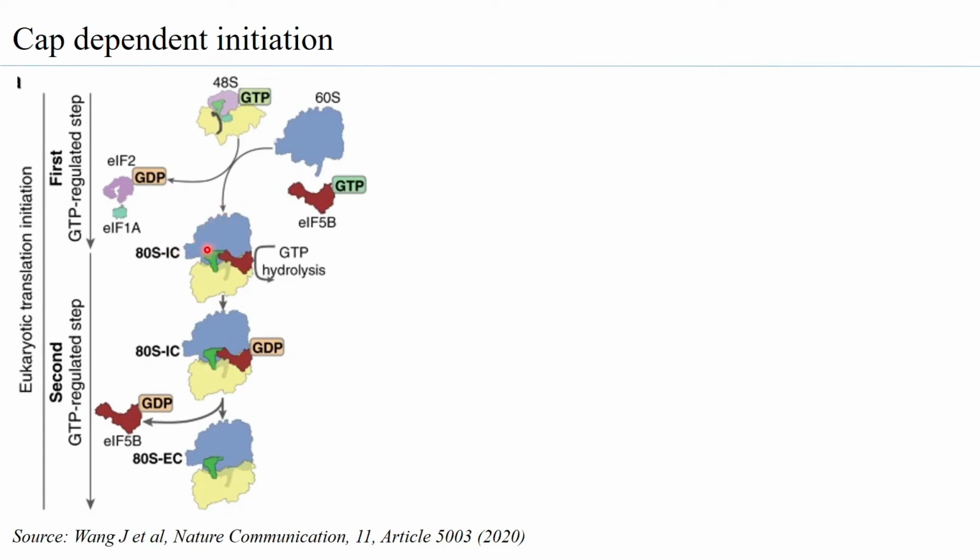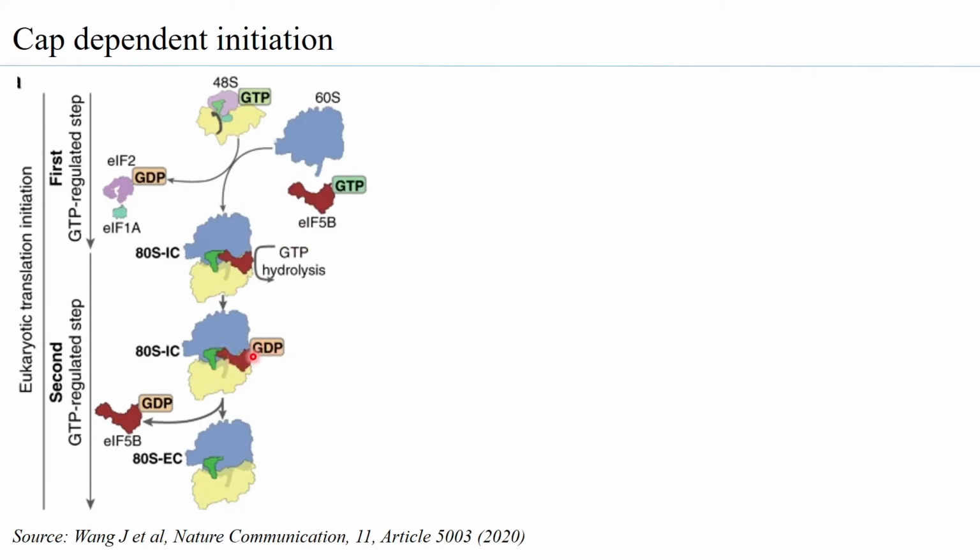Now, the moment you have the 60S carefully binding to the 40S and the EIF5B interacting with the initiator tRNA, the GTPase activity of EIF5B is activated and it will hydrolyze GTP into GDP.